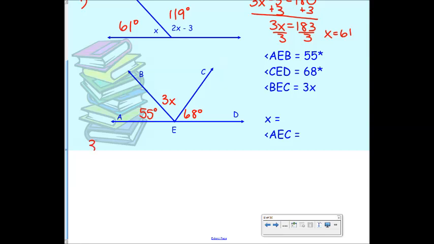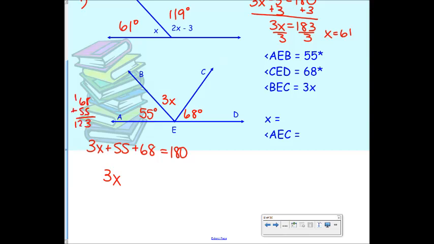How do you know it equals 180? Still supplementary makes a straight line there. And a straight line is always worth how much? 180. So what would I do first here? Combine these two, 55 plus 68. Remember, when they're on the same side, you just add them together. So 68 plus 55 is 123.